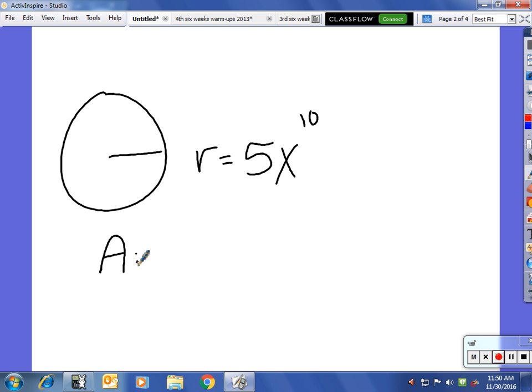Okay, area. 25x to the 20th. Then what? Pi. Now, I had kids ask me, do we need parentheses on this?